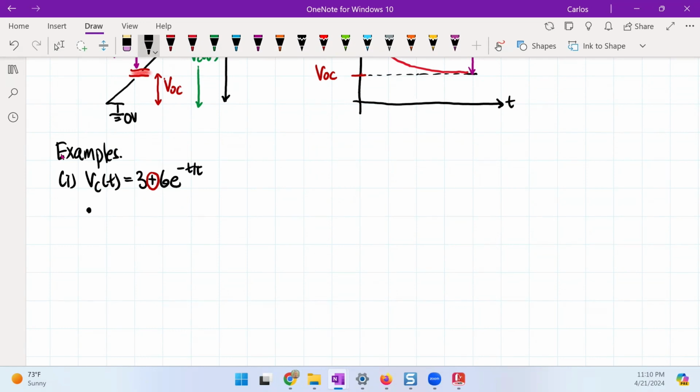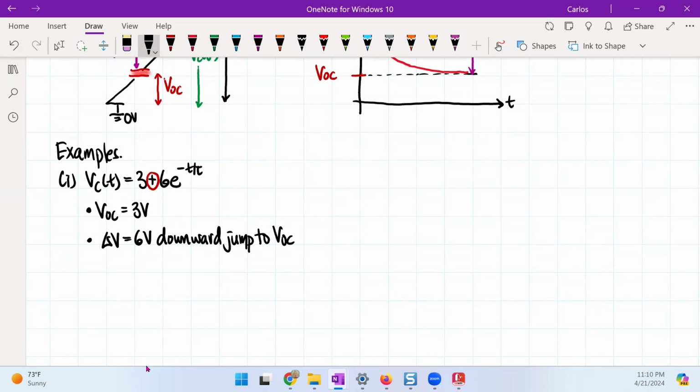So VOC is 3 volts. Then if I look at my delta V, I know that there is a 6 volt downward jump to VOC.